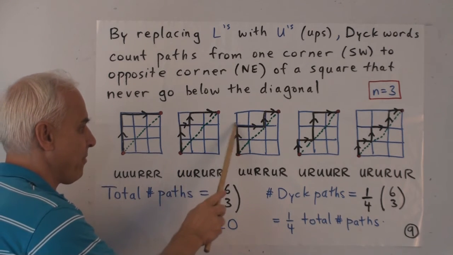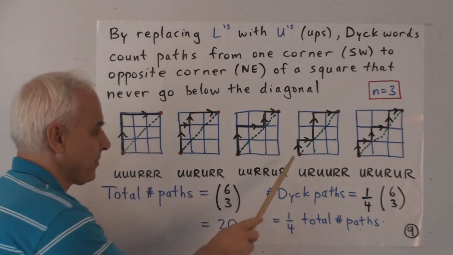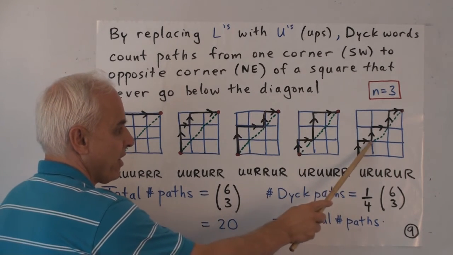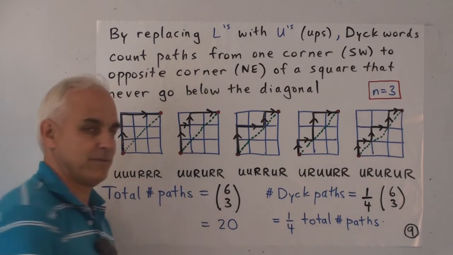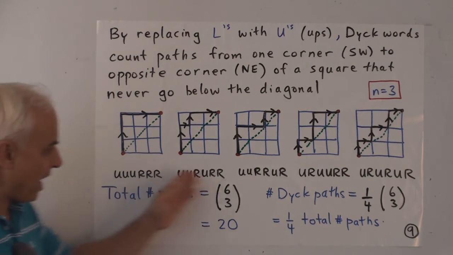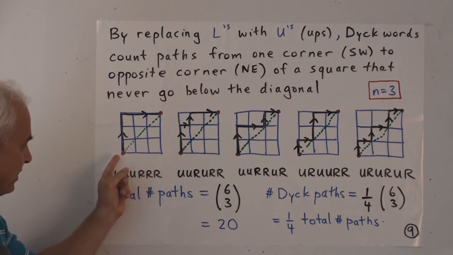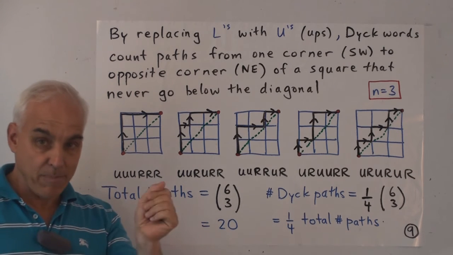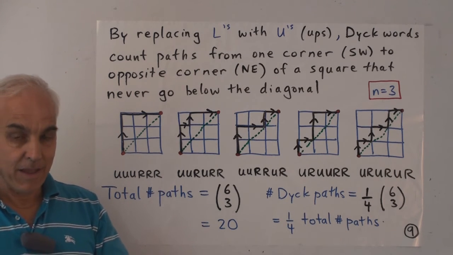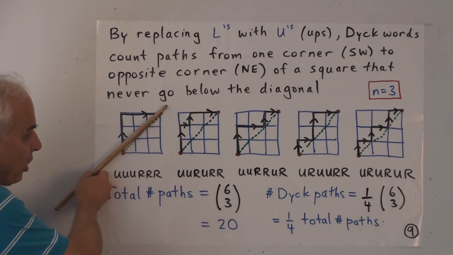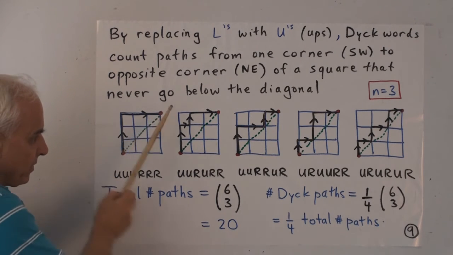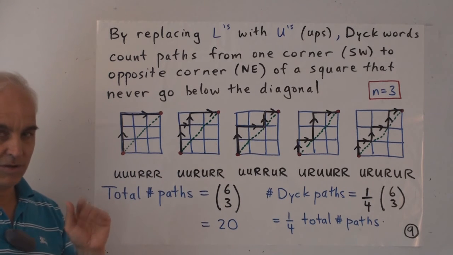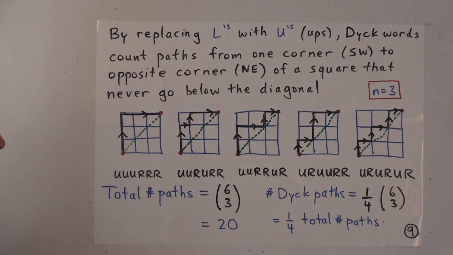This one up, up, right, right, up, right. Up, right, right, and up, right, right. So exactly 5 paths that you can take from here to here, where at each stage you're either going up or right, but you agree to never go below the diagonal. You're allowed to land on the diagonal, but you're not allowed to venture on the other side of the diagonal.